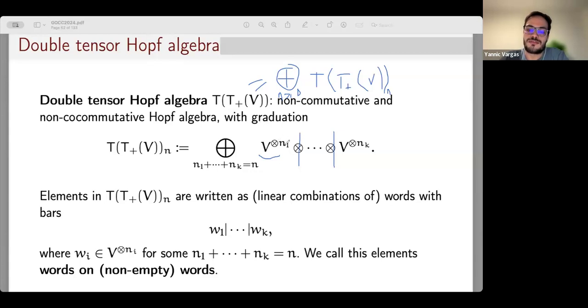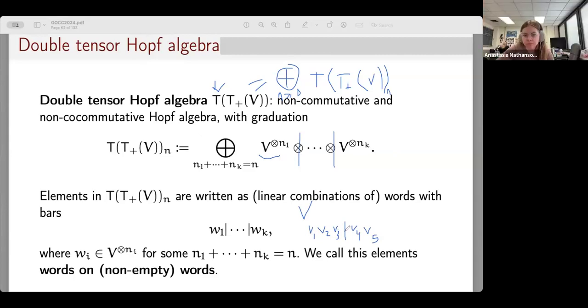Here you have a word of length n1, then a word of length n2, and so on, separated by these bars. Those bars refer to the tensor product at this level. So if I have a vector space V and some vectors, say V1, V2, V3 bar V4, V5, what I mean is V1 tensor V2 tensor V3, and then this external tensor V4 tensor V5.